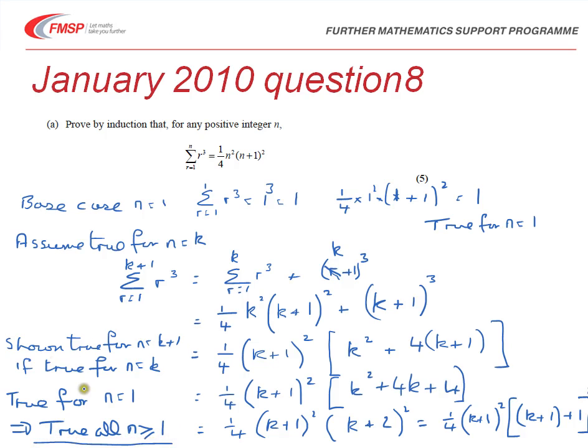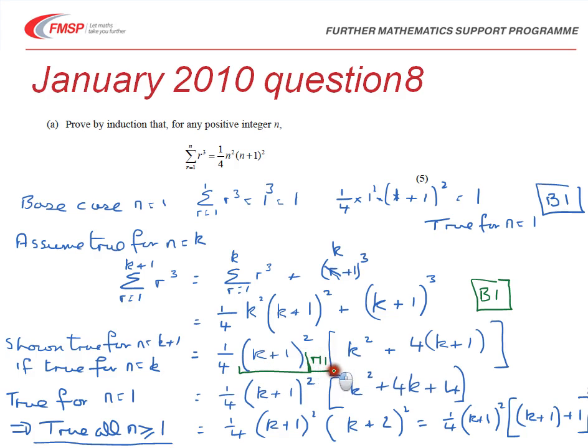Right, so that final statement there, you need to get all the elements written in to pick up the marks. Well, let's look at the mark allocation here. The 5 marks: the first mark is what's called a B mark, so B1 here, just for the base case. There is another B1 awarded at this line here, and then a method mark for the factorization of that bracket there.